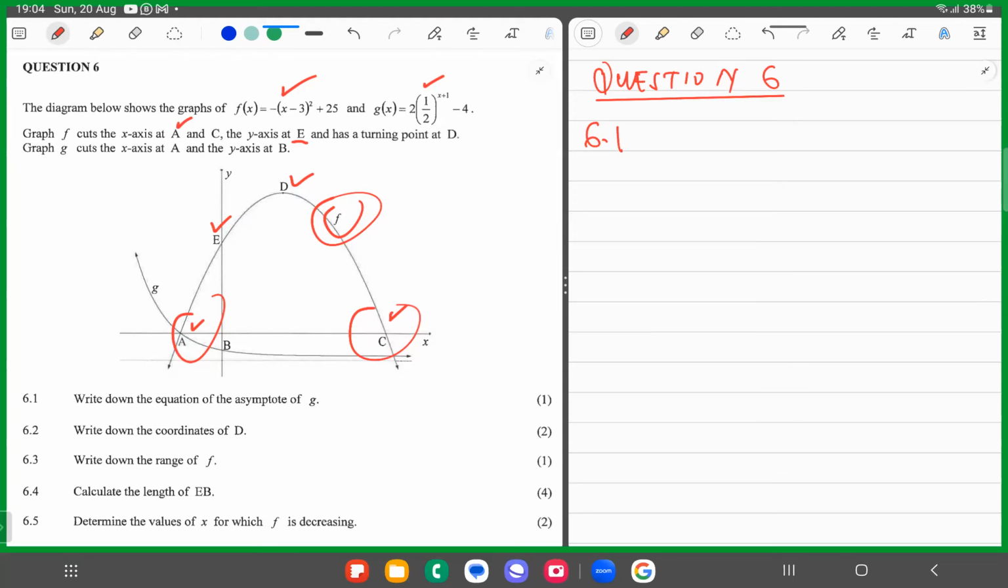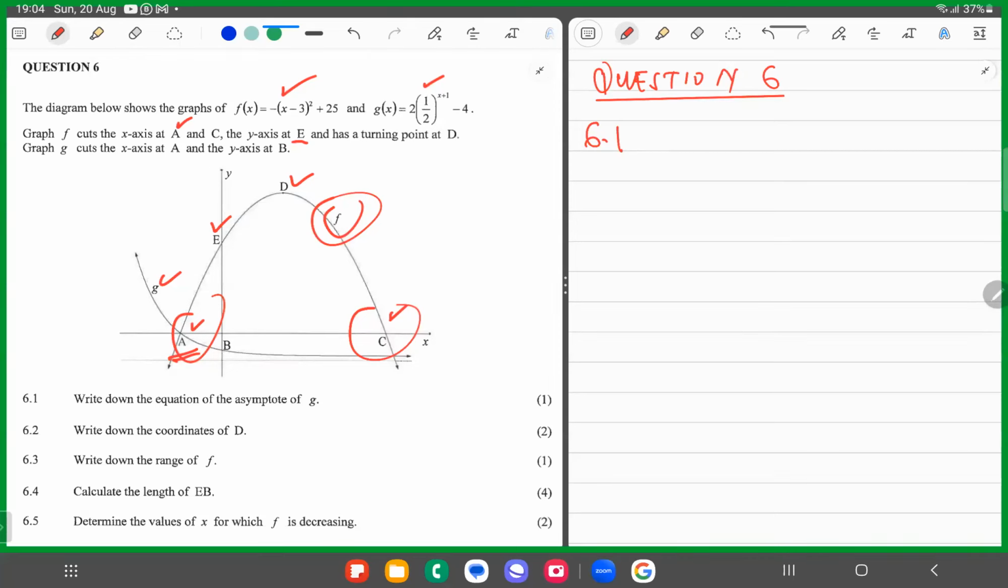So we continue right now and we analyze this even much more. The graph G cuts the x-axis at A, right? So here is the graph G, it cuts the x-axis at the point A. All right, that is evident, and we can see that very clearly.